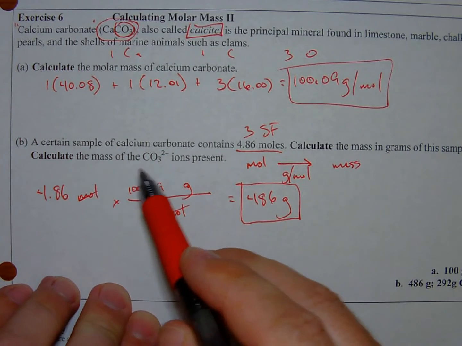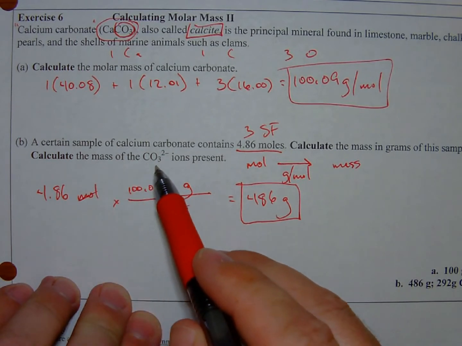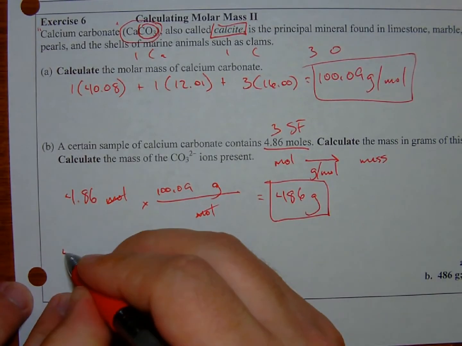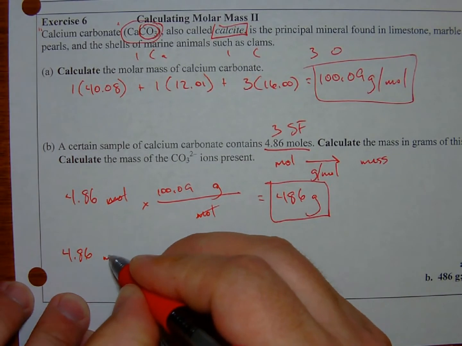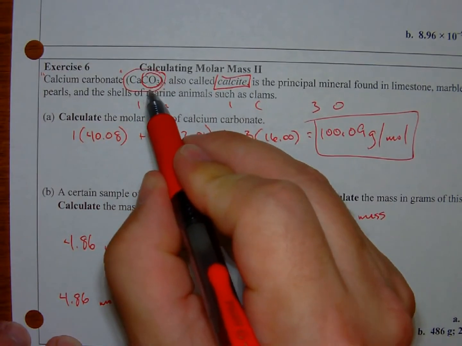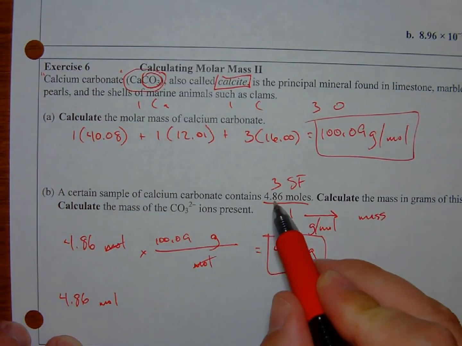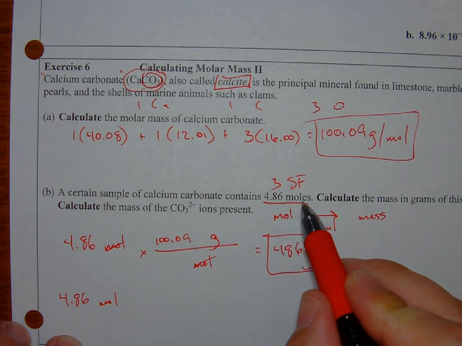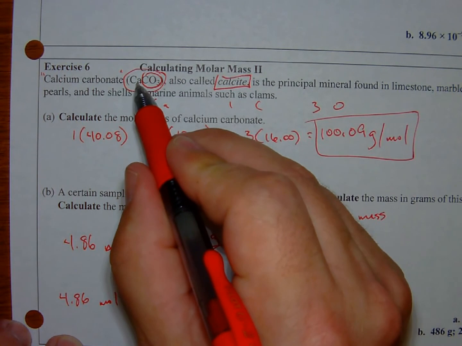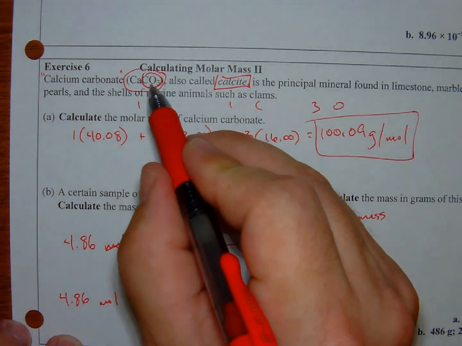What's the mass of the carbonate present in this same sample? So we have 4.86 moles of this stuff. How do I know that there are 4.86 moles of carbonate? Because there are 4.86 moles of calcium carbonate. And notice there's 1 calcium for every 1 carbonate.